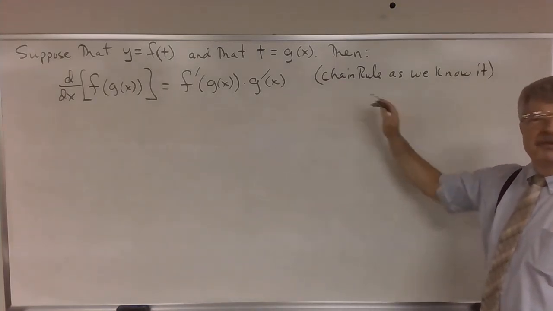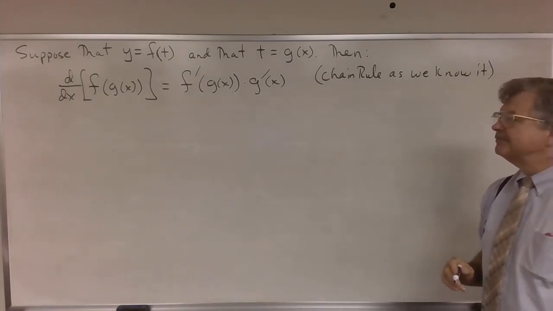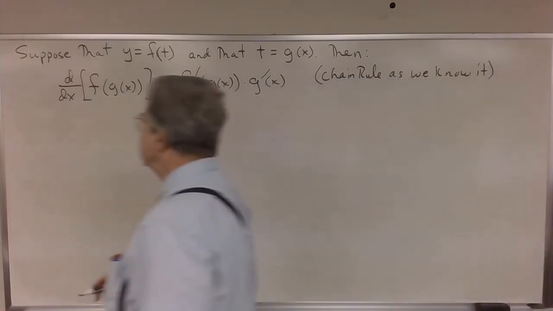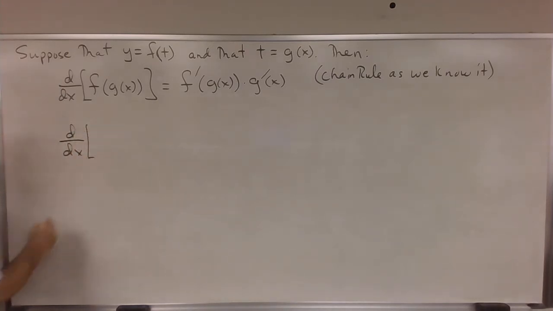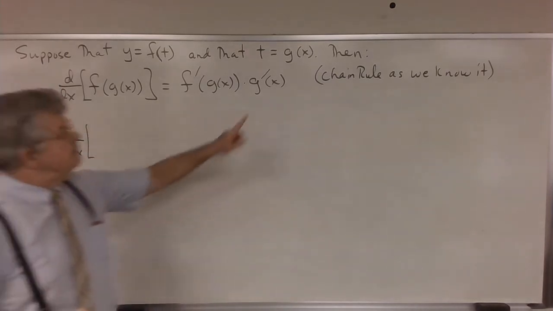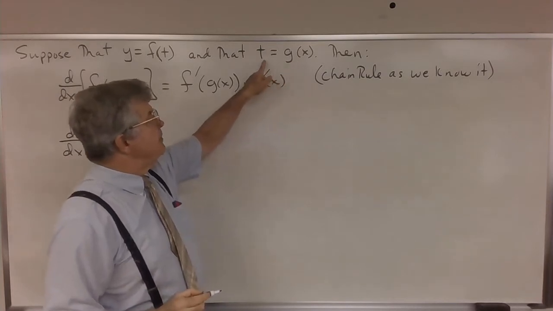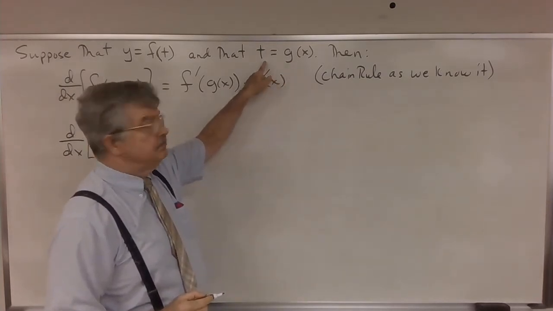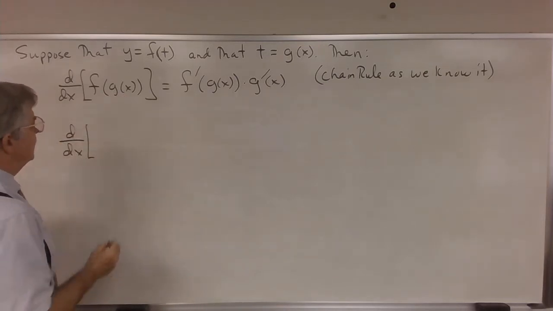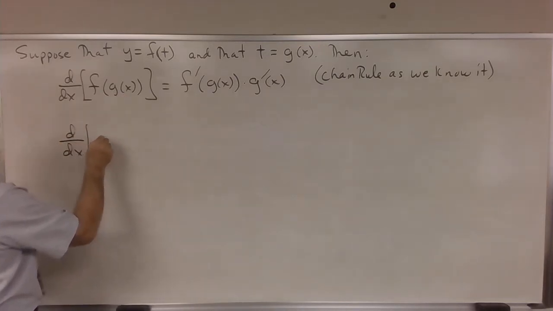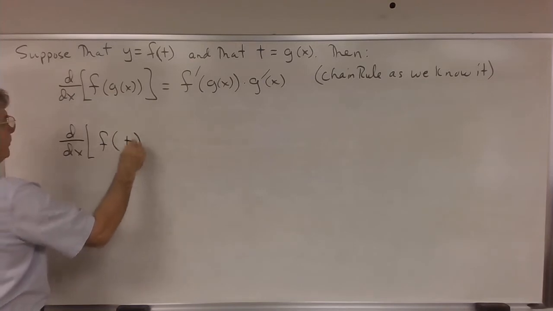We'll call this Newton's form. Well, g of x is the same as t, right? So I can replace g of x here with the variable t.